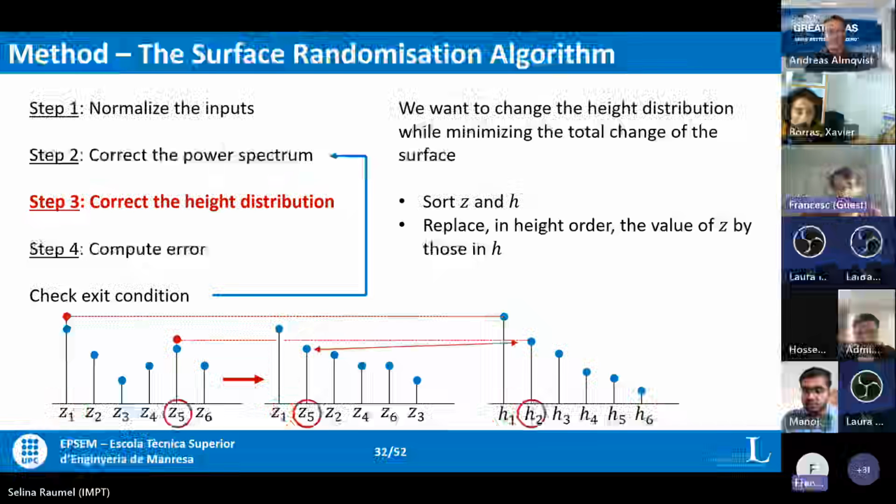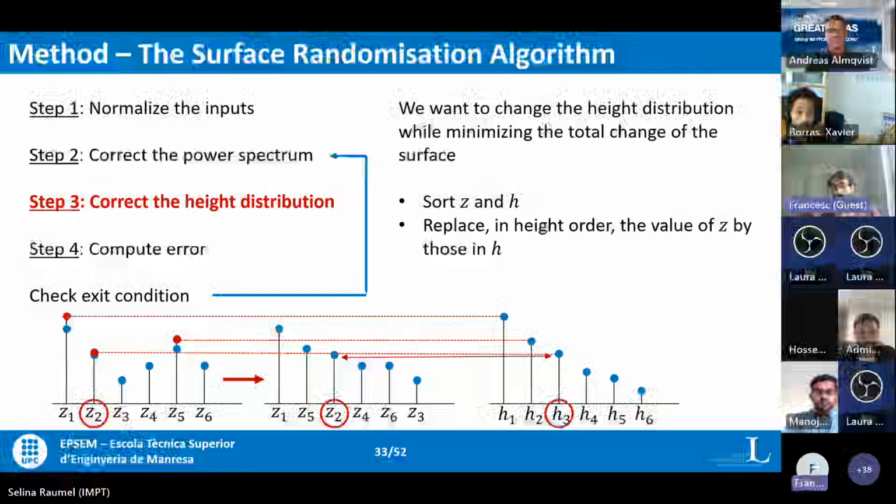However, the power spectrum is now probably modified, and therefore we need to compute the error. And to do that, we compute first the error in the height distribution.